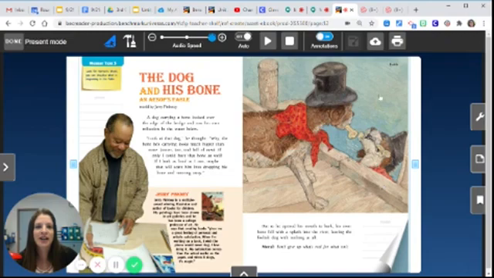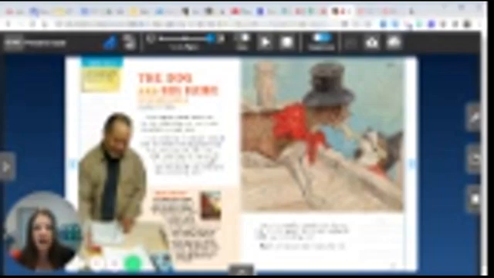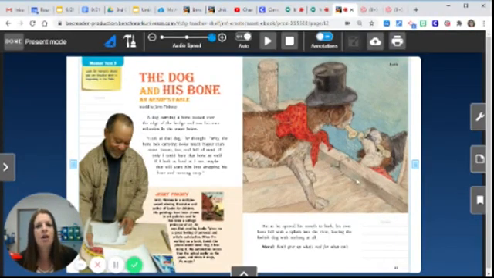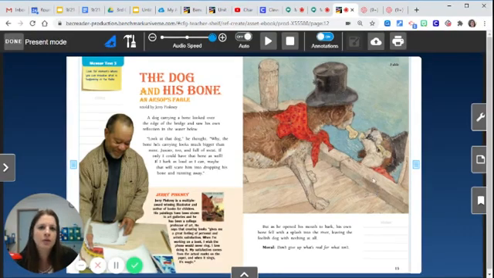Just by looking at this illustration that we looked at a minute ago, I'm noticing that there is a dog, and it looks like he has a bone in his mouth, just like the title. And it looks like maybe he's standing on a dock, which is like a platform over water, or maybe it's a bridge even.